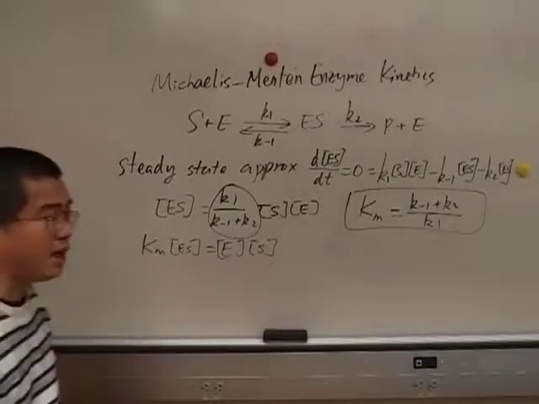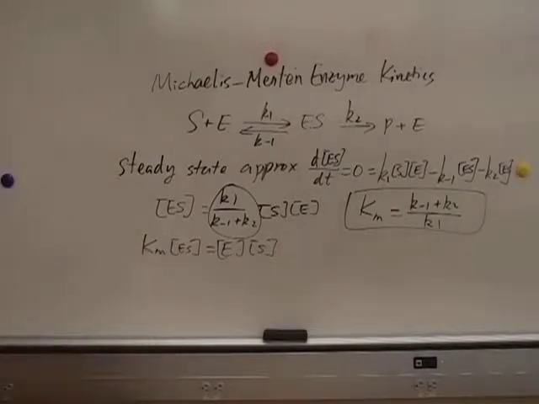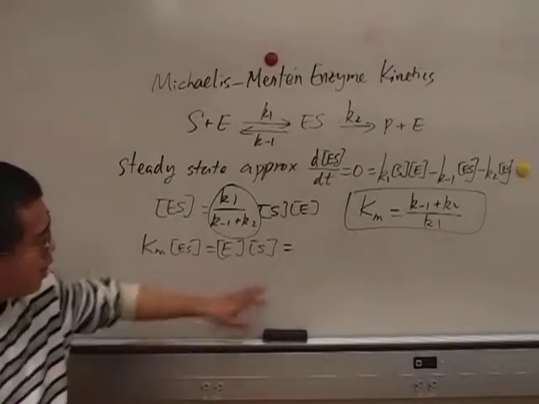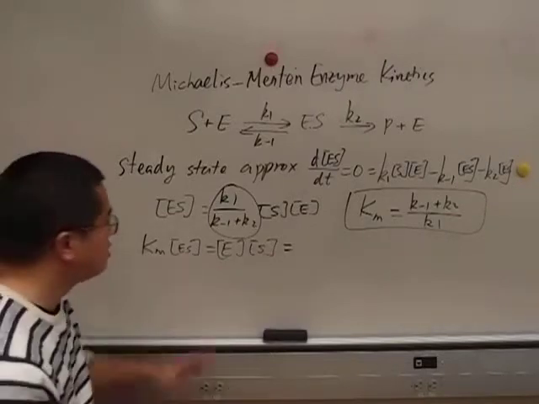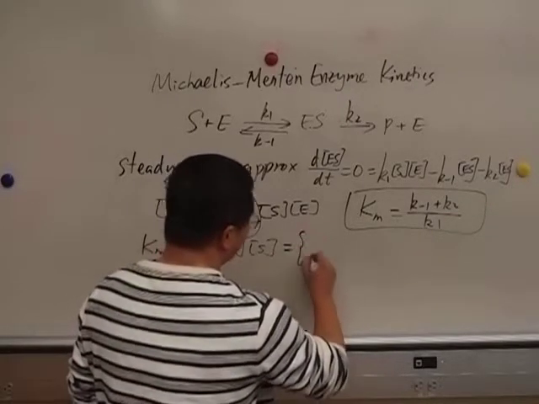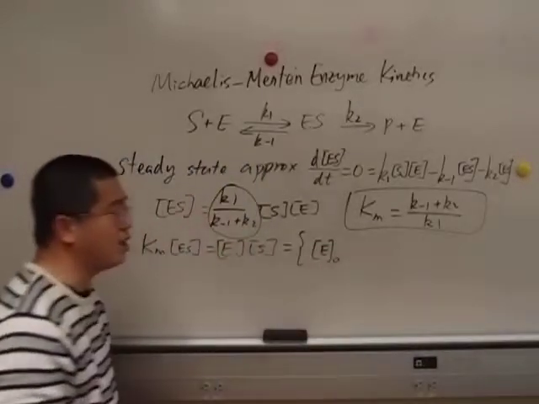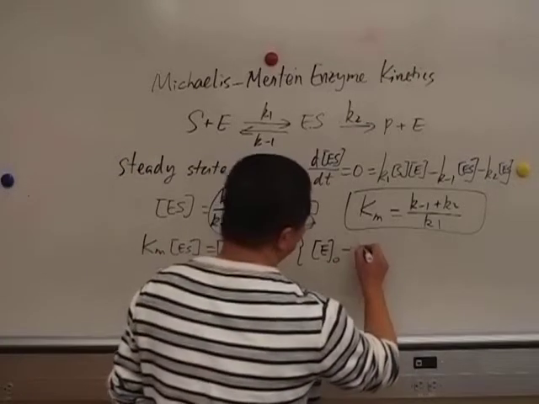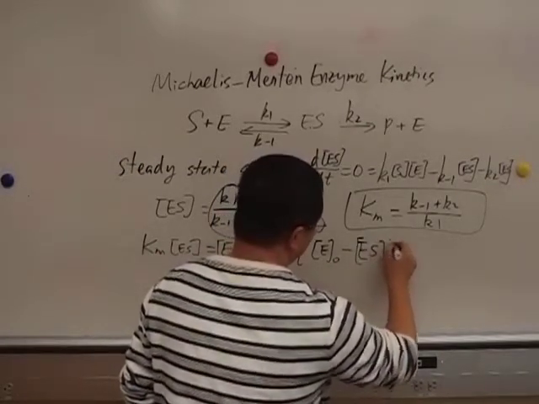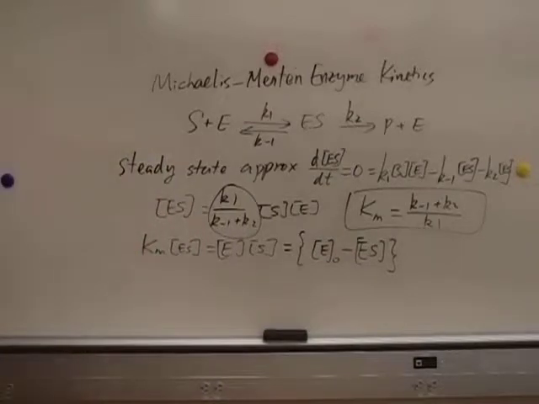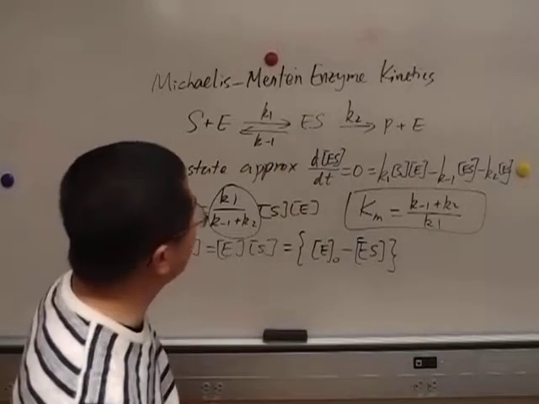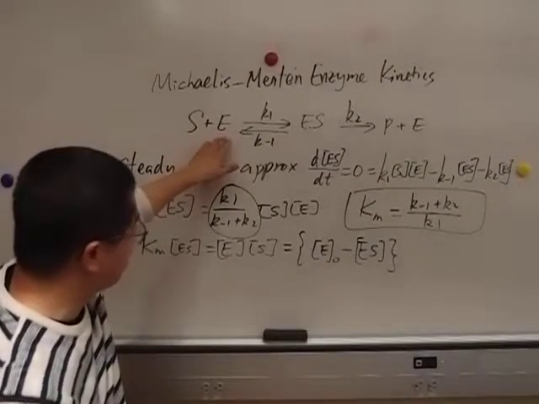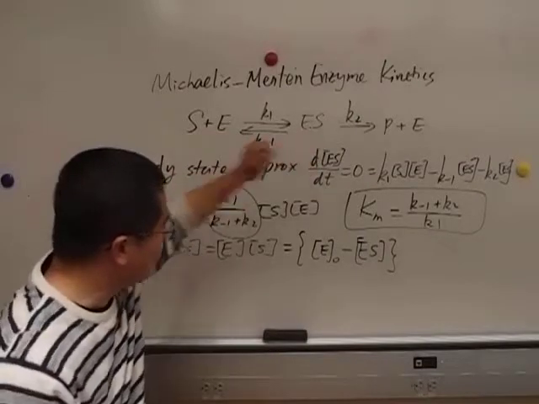If we are talking about the very early stage of the reaction, we can make some approximation here. First, we're going to look at the concentration of E. It's the initial concentration of E, which is E naught, minus ES, because the enzyme can exist in the form of the enzyme itself or the complex.